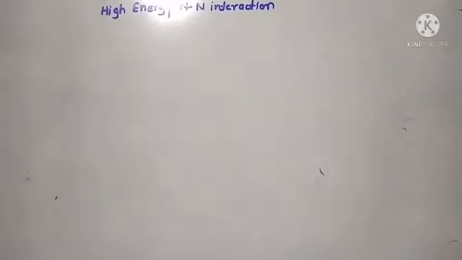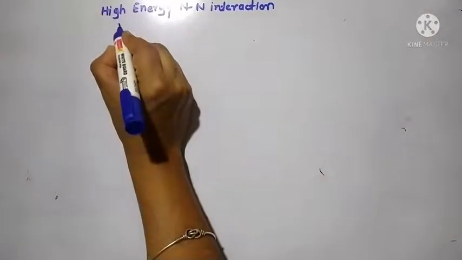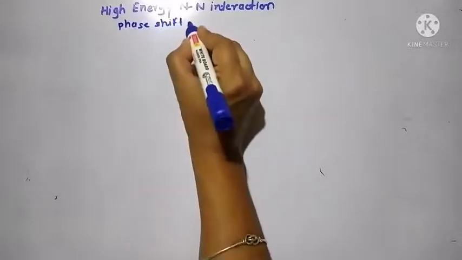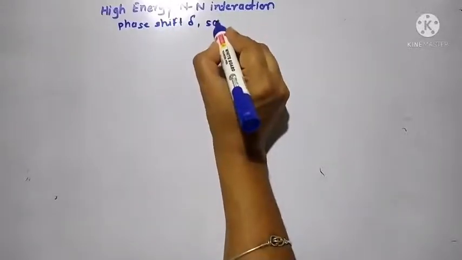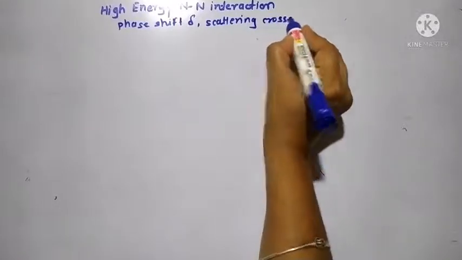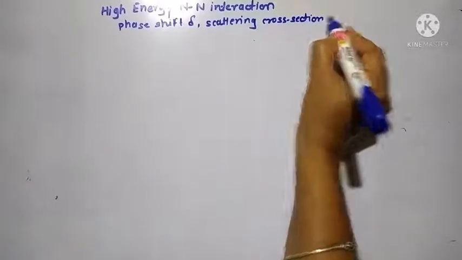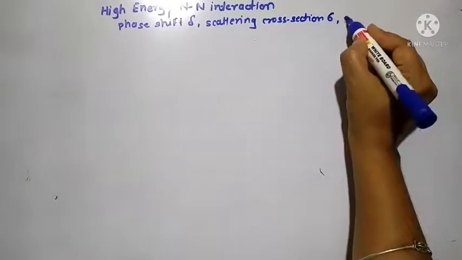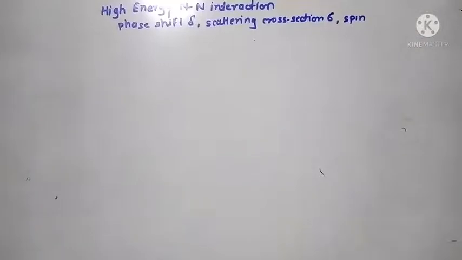In previous lectures we have dealt with the low energy nucleon interaction, in which we have calculated this phase shift delta, the scattering cross section, sigma, and along with that we can calculate spin of the projectile particle and also of that target particle.